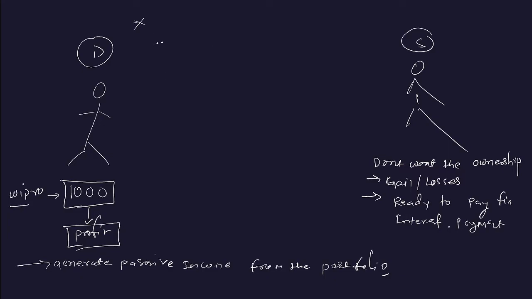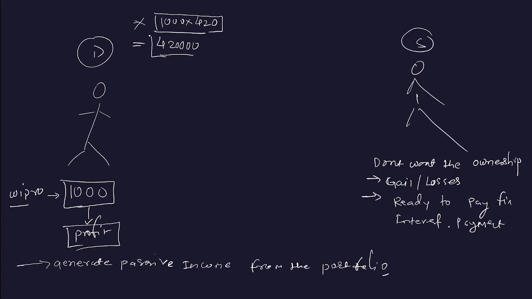If we take the example of 1000 equities at 420, how much would be the price? Total amount 4,20,000. Yes, sir. Only 4,20,000.